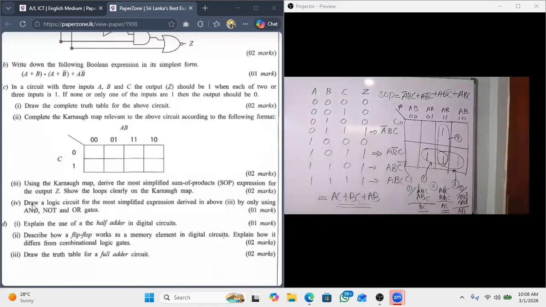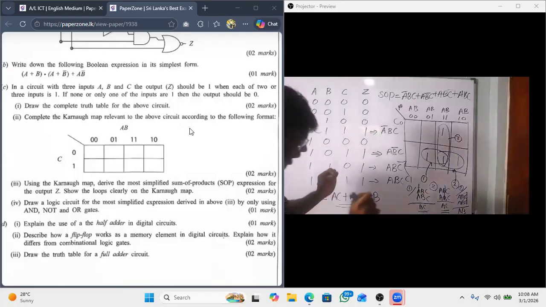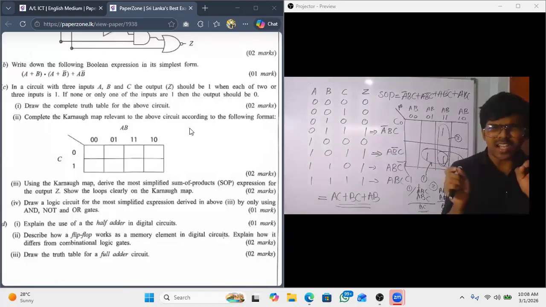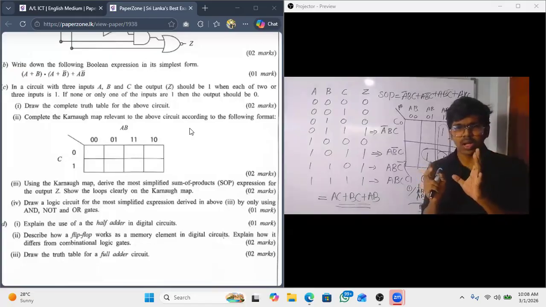Here we have: draw a logic circuit for the most simplified expression derived in the above. And this one is a critical one. You get only 1 mark, but this is a bit hard because I didn't teach.